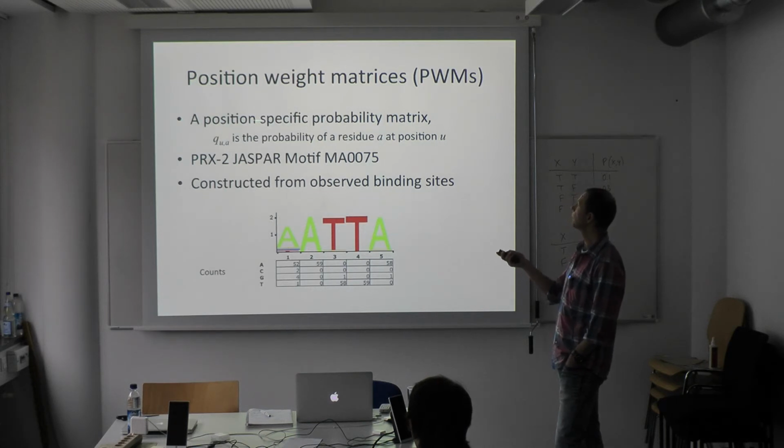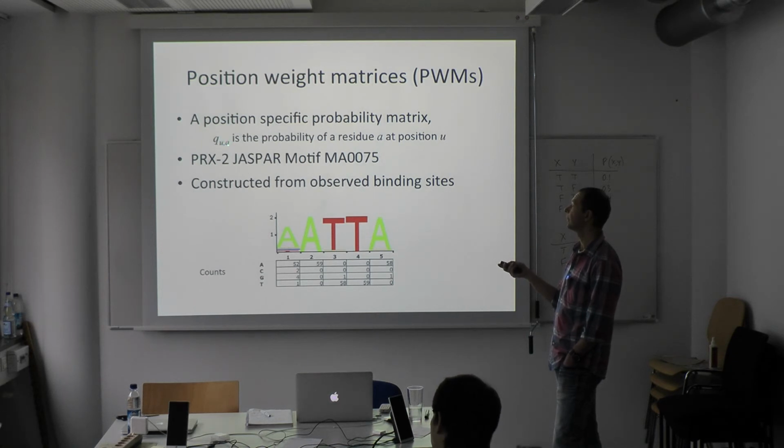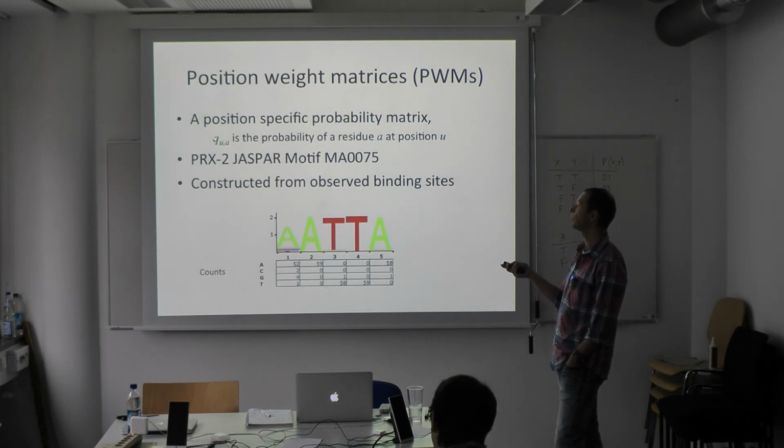So I'll be referring to position weight matrices here, and I'll change the notation slightly. Instead of F, I'll be using Q here, but it has the same two indices. We have a position and a particular symbol. So we're going to look at the symbol at the position, and find how often it occurs.